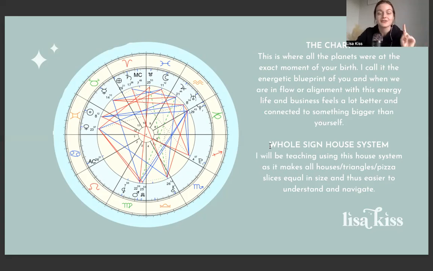This year I have changed my readings, the way I teach, to this house system. I've tried to teach astrology with the other house system where everything's different sizes, and it confuses people so much. And we don't want any confusion. So please use this house system. It will make your life easier.